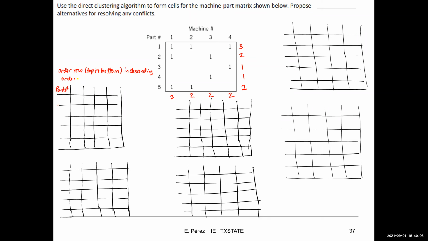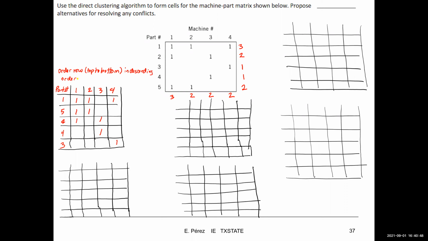This would be 1, 5, 2, 4, and 3. And this would be 1, 2, 3, 4. And the matrix will look like this. So 1, 1, 1, 1, 1. So that's by ordering only the rows from top to bottom in descending order.